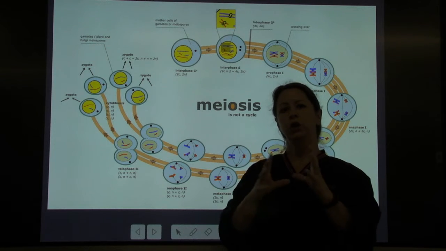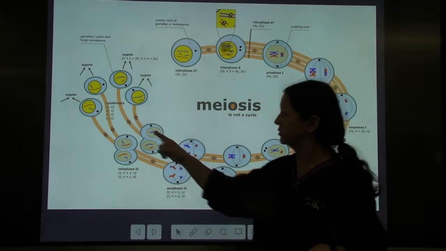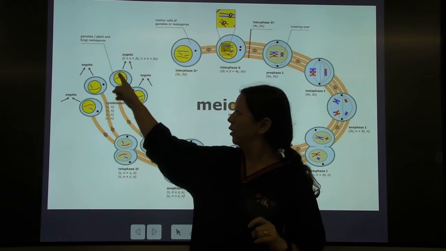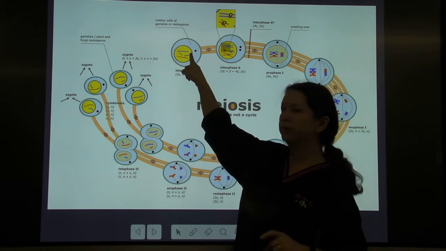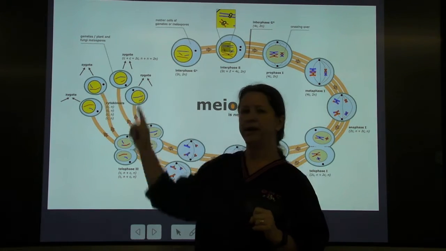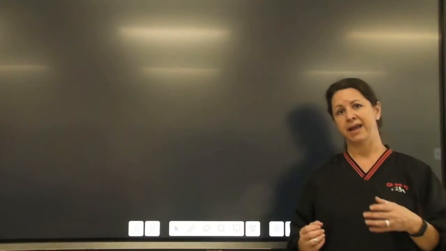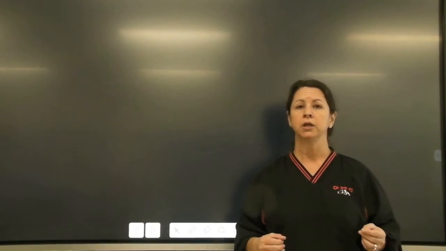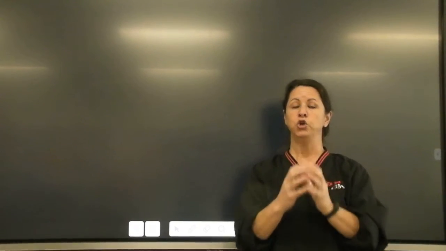In meiosis, you create 4 cells and they have half the number of chromosomes. Look at these cells. Each one only has 2 chromosomes in it instead of the 4 we started with. So it started with 4 chromosomes, now we only have 2, half the number of chromosomes. All right, that's what gives us gametes. And now when fertilization occurs, you get half of your genetic material from one parent, half your genetic material from the other parent, and now you're back at having a new organism.